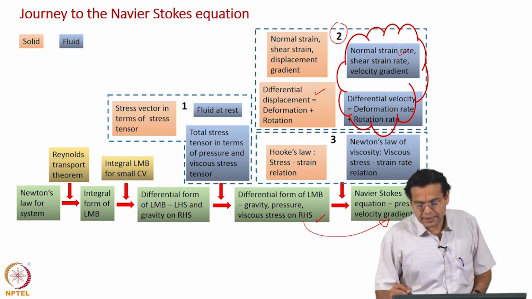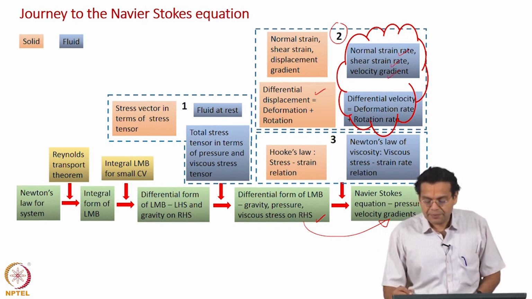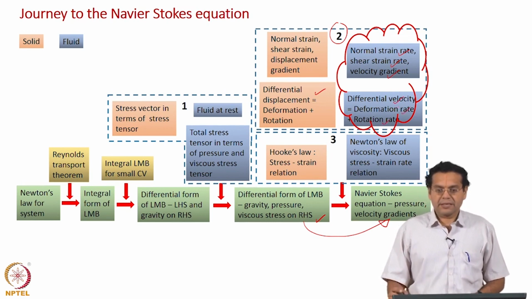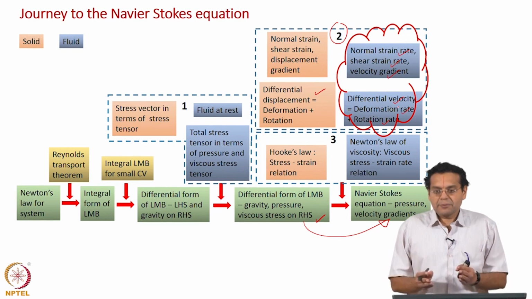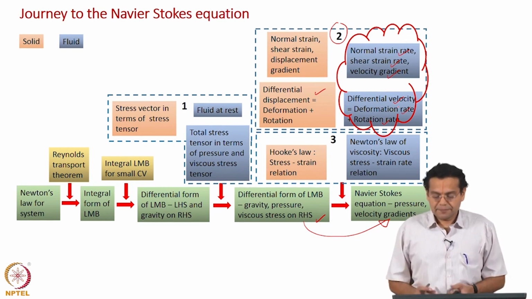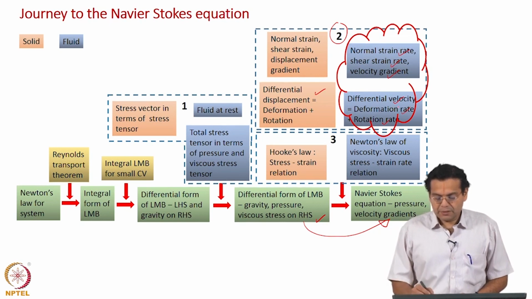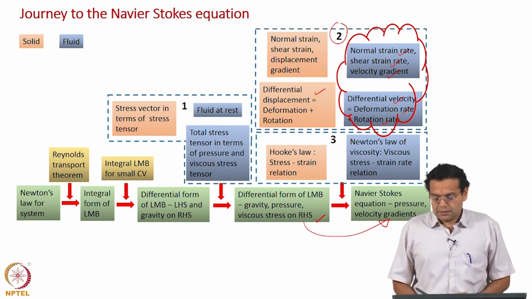So, normal strain rate, shear strain rate, and velocity gradient, and then the differential velocity is the sum of deformation rate plus rotation rate. Superficially we say just addition of rate, but we discussed that based on the difference between the behavior of solids and fluids. And of course, now we will go back once again to solid mechanics to relate stress and strain.